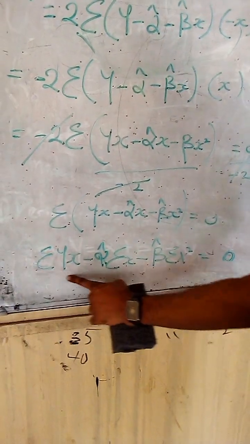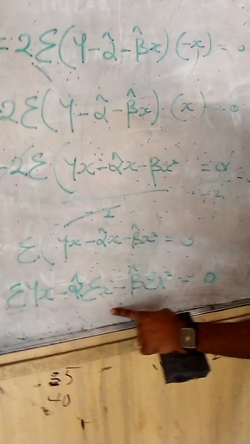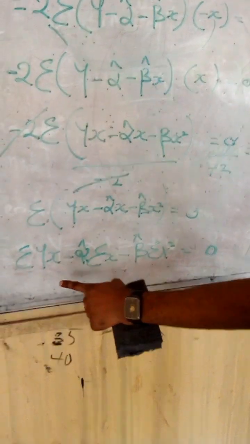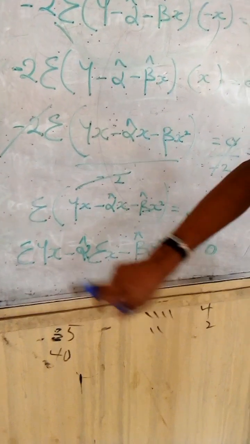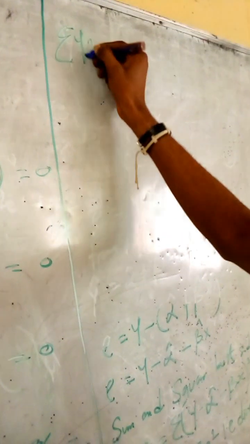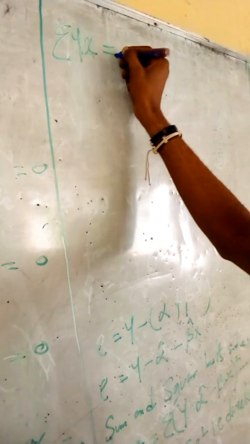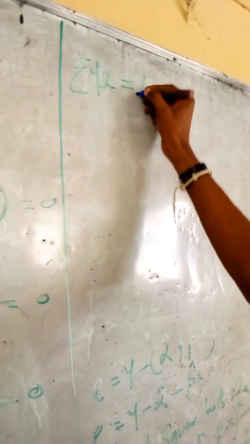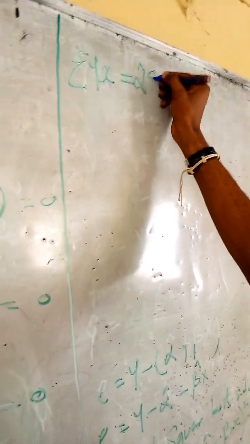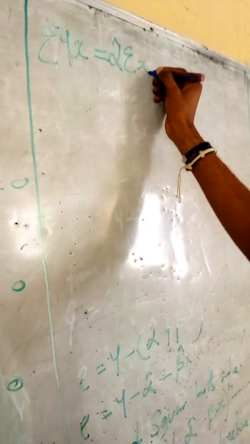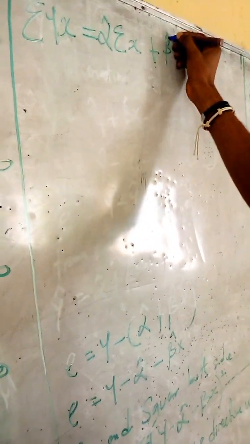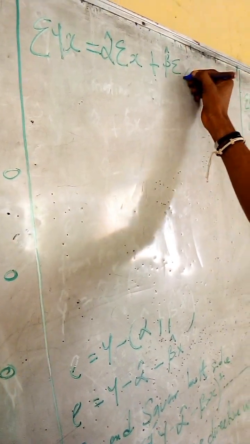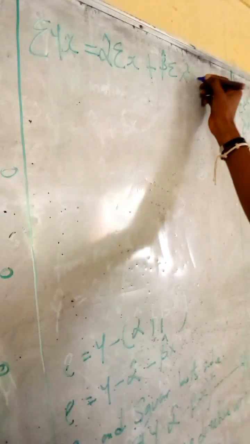From the continuation of this equation, we are now making summation of y x the solution formula. So summation of y x becomes equals to alpha cap summation of x plus beta cap summation of x squared equals 0.